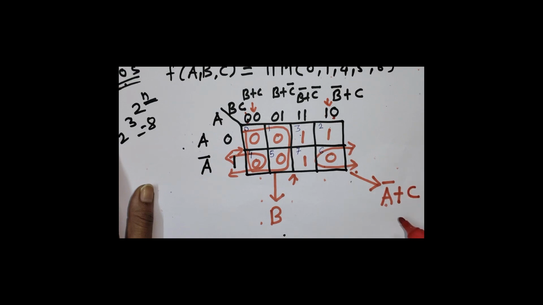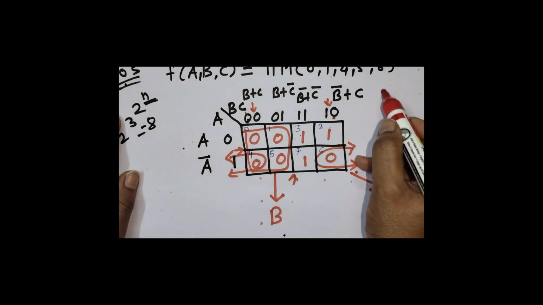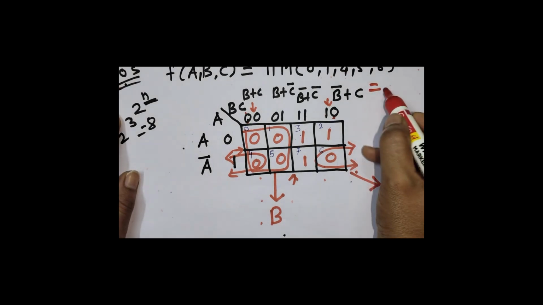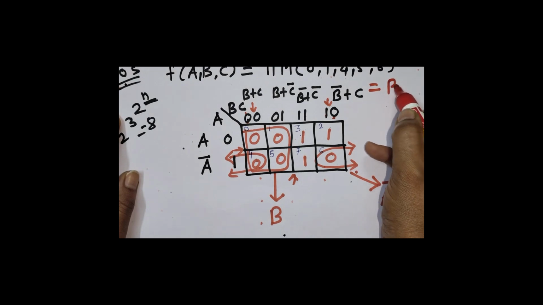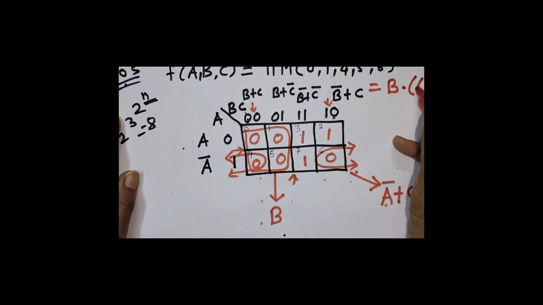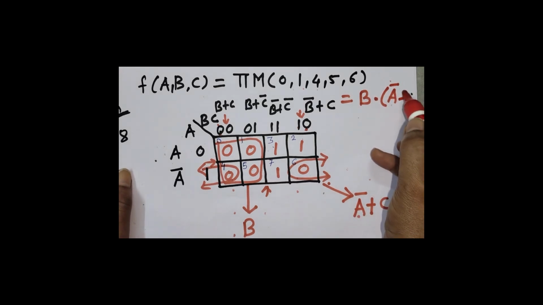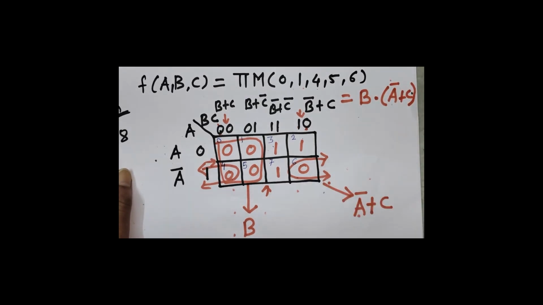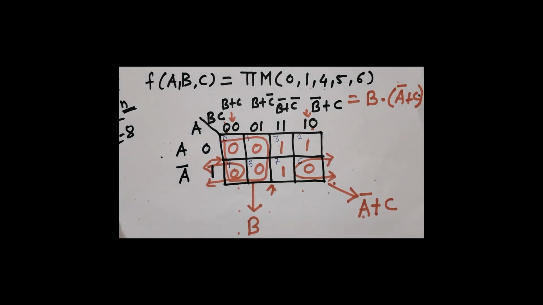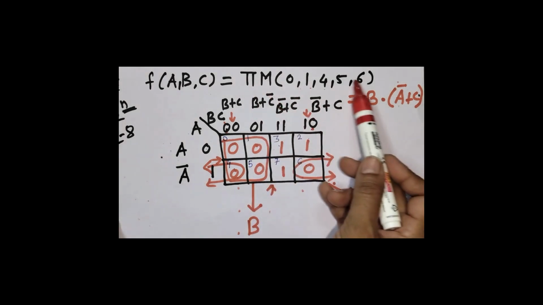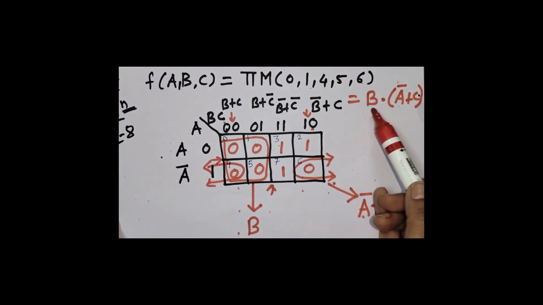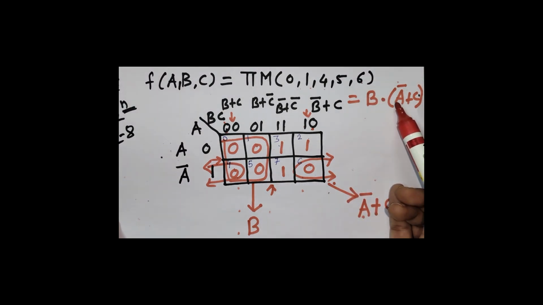A bar plus C. So my equation will become B, this is product of sums. So this is my first term multiplied by A bar plus C.